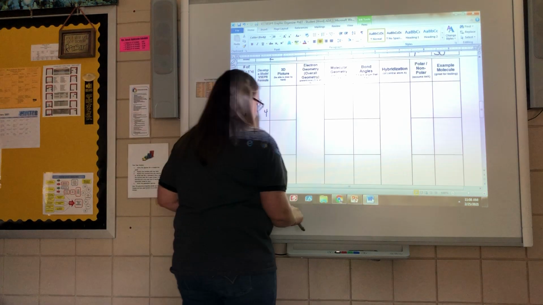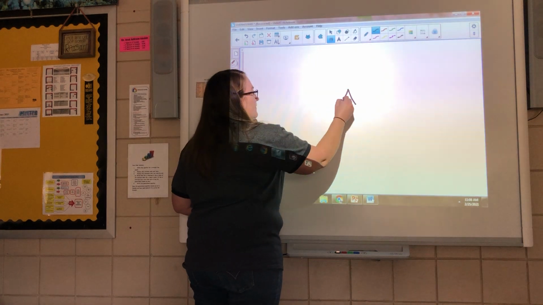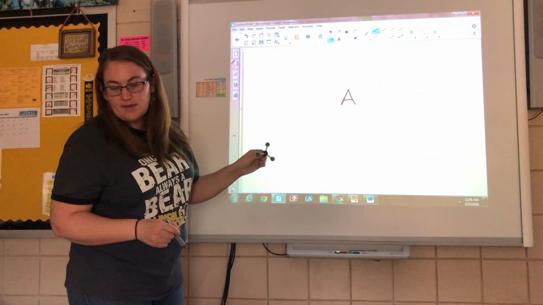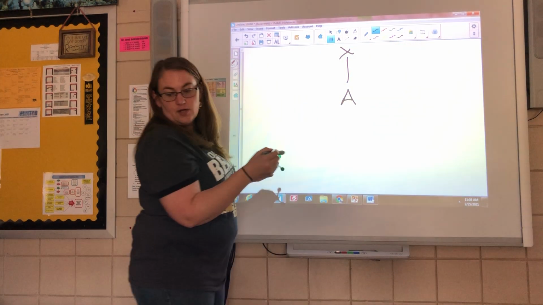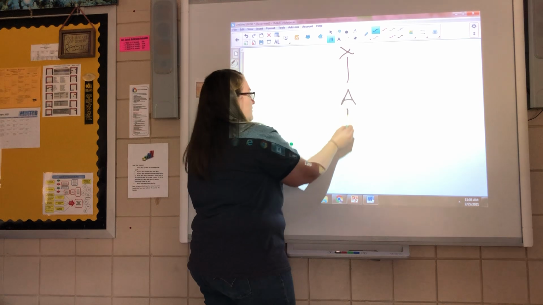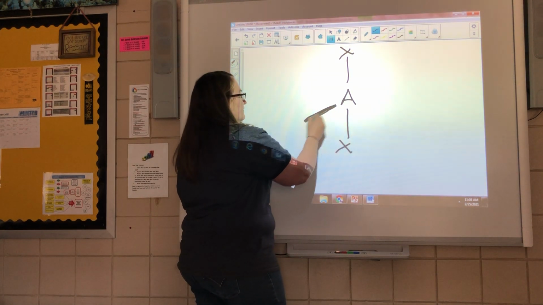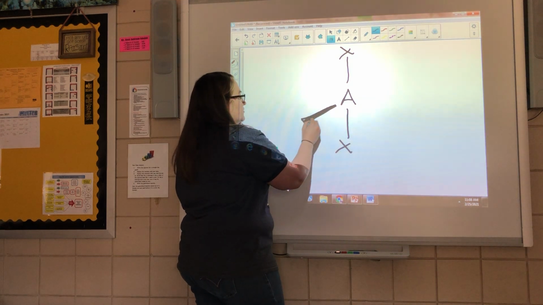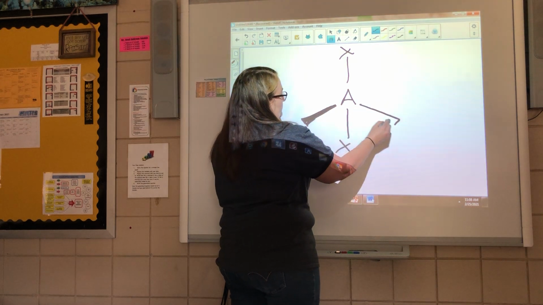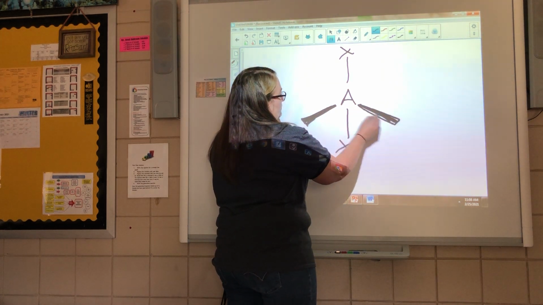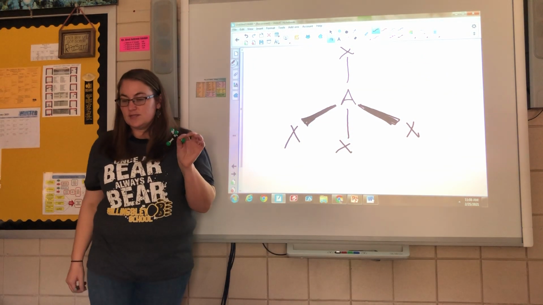Let me go back to our notebook to draw that. So I've got my central atom A, and I've got my X that comes up, and I'm going to draw an X that goes down, and then just to make it look kind of 3D, a drawn picture does a wedge here. If you see drawn diagrams, that's what that will look like.